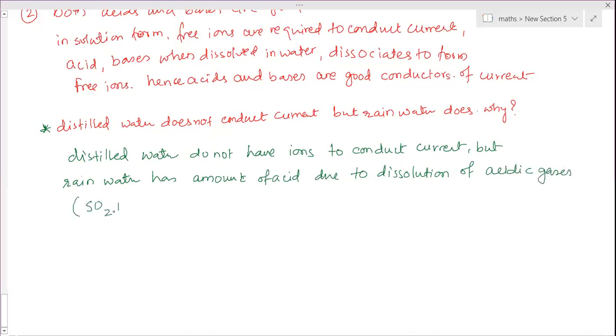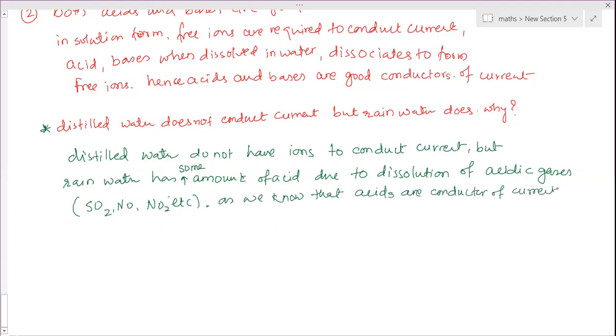Example, SO2, NO, NO2, etc. Rainwater has some amount of acid due to the dissolution of acidic gases, and we know that acids are good conductors of current due to free ions. Hence, rainwater conducts current.